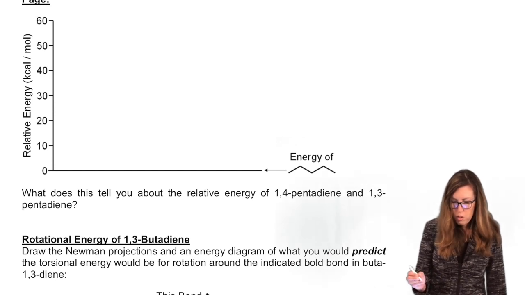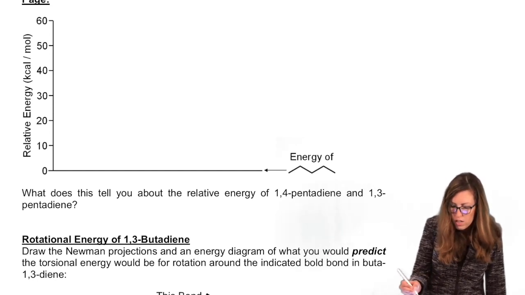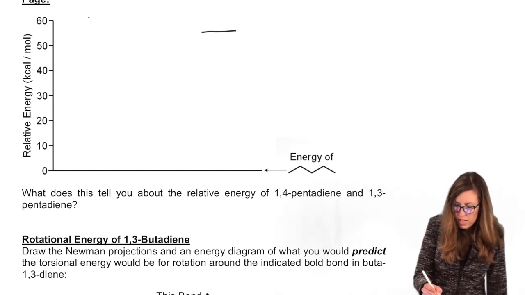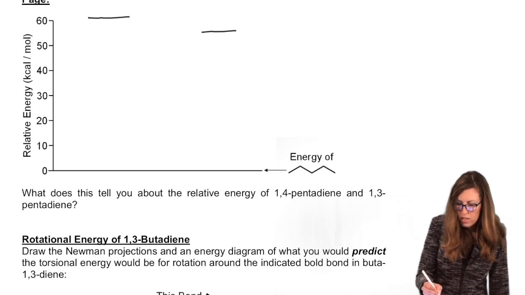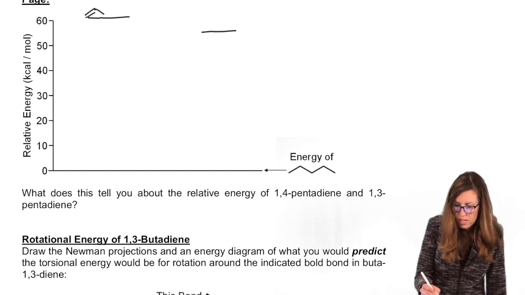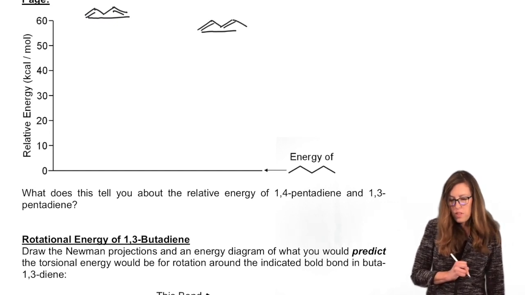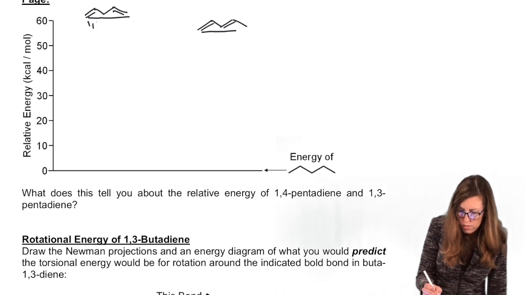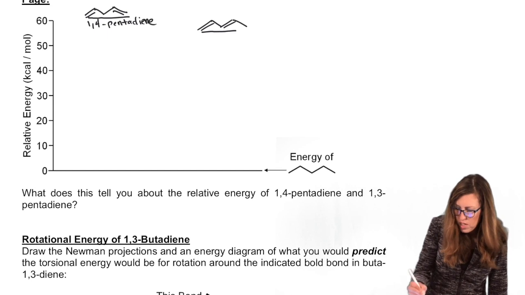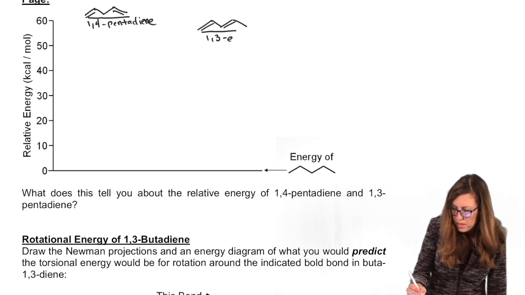So we're about 54 for the 1,3. So I'll put that one here. And we're at 60 for the 1,4. So that was this guy. And then this one was 1,3. So let me write that in, the 1,4-pentadiene. And that's 1,3-pentadiene.